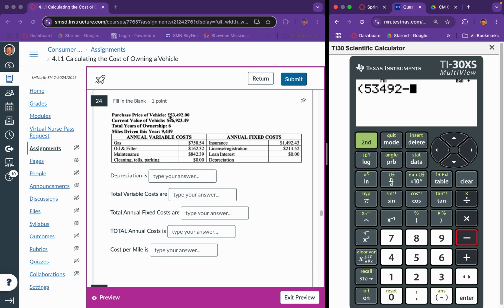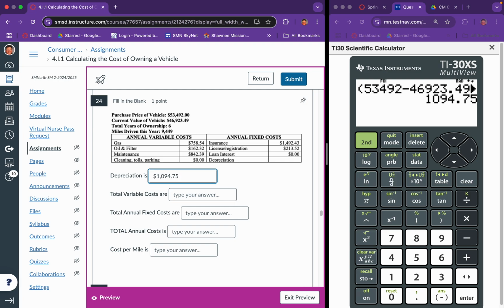If you look at the Kelley Blue Book value of it, the car is valued at $46,923.49. Close that. And you've owned it for 6 years, so it's not new anymore. But when you bought it new, it was $53,000. Today it's worth $46,000. So in 6 years, it has lost $1,094 in value on average.